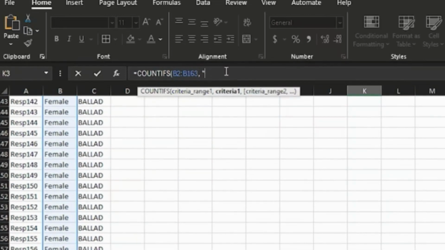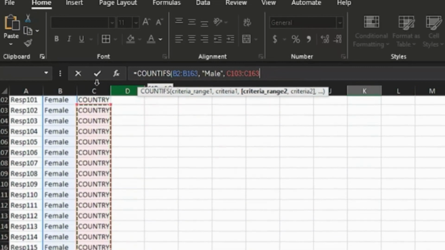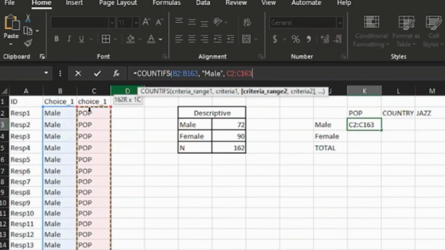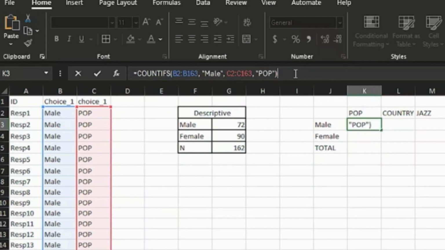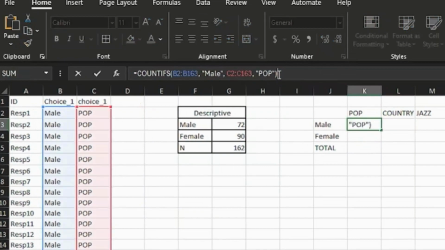This is followed by a comma and the quotation mark that contains the criteria we want to identify. Since we are dealing with two criteria, add another comma after the first criteria and select the variables or the second column. Put a comma followed by a quotation mark, this time containing the categories, to identify the variable. This will give us specific values based on the groups and variables that we have categorized in the criteria.